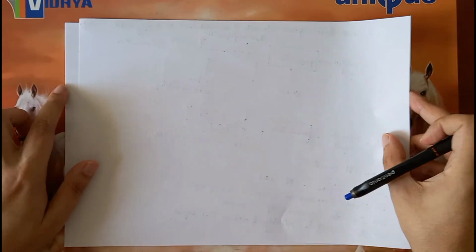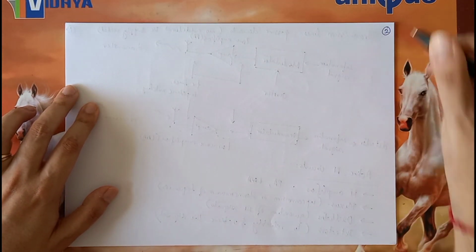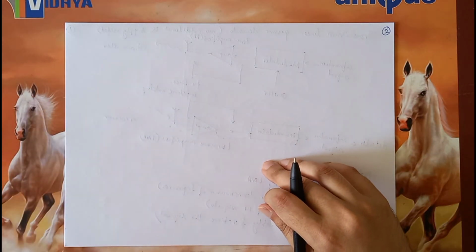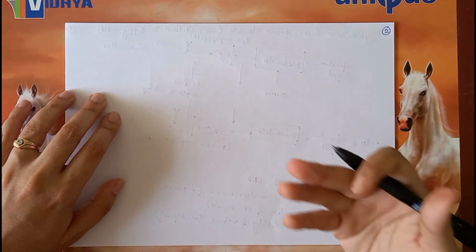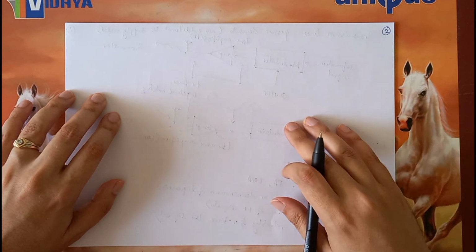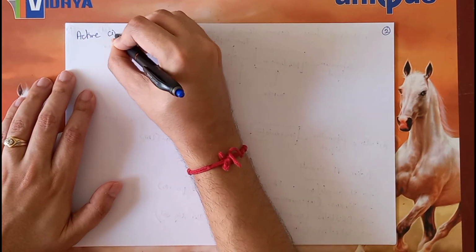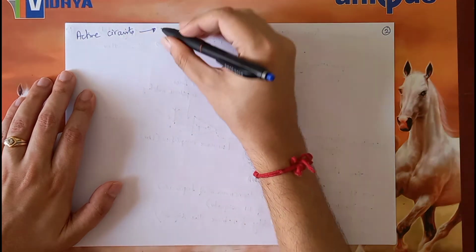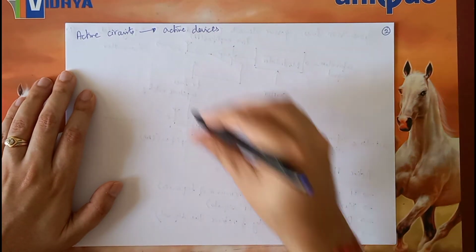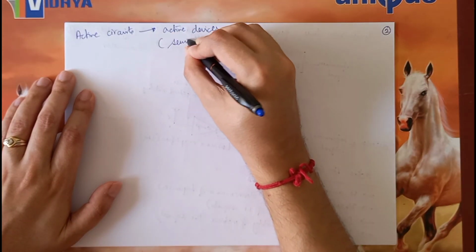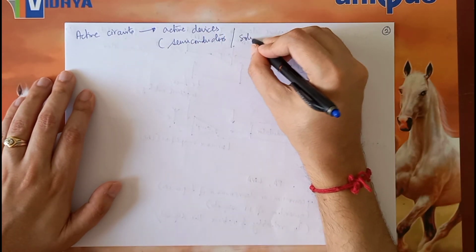Now when we discuss active circuits in general, for low frequency applications also in your basic circuits course, for active devices, generally some kind of semiconductors are always used. So active circuits need to make use of active devices, and those are semiconductors, also called solid state devices.